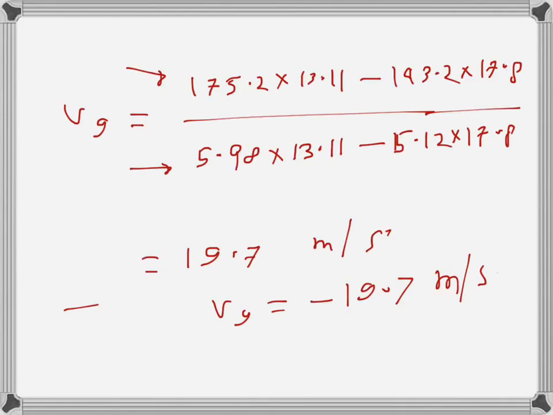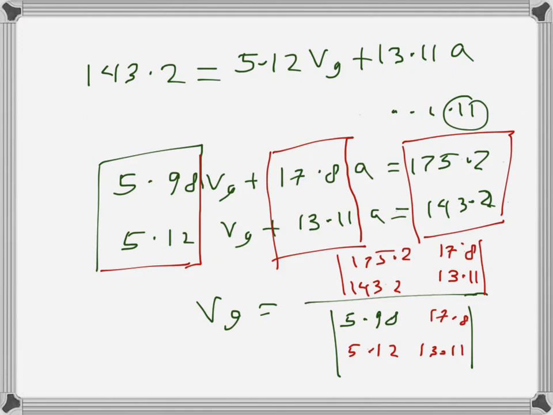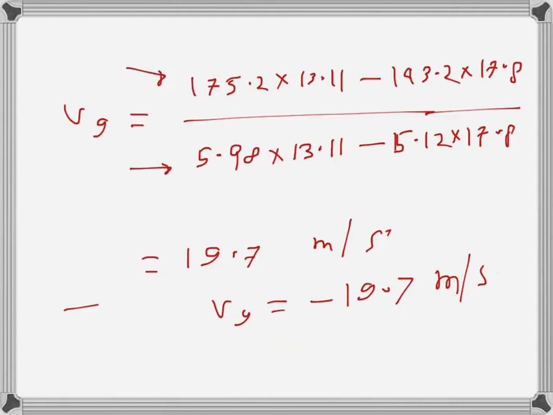Similarly for acceleration, it will be the same thing, and the denominator will be the same basically. So this thing will be in the denominator, the numerator will be a bit different.